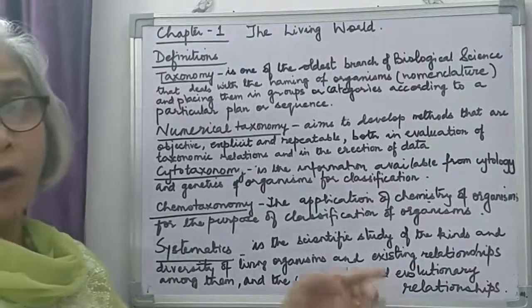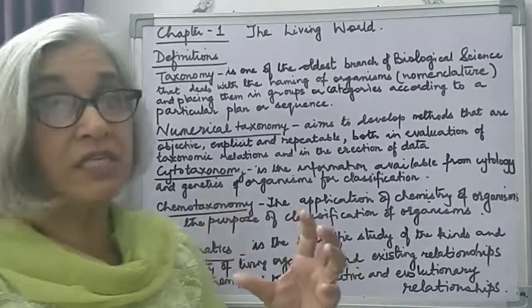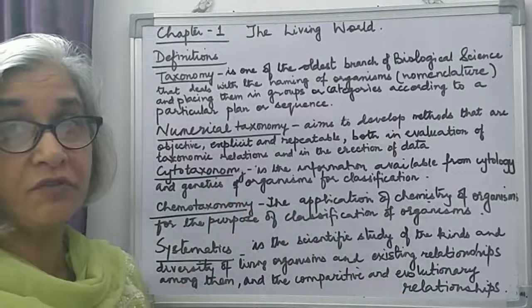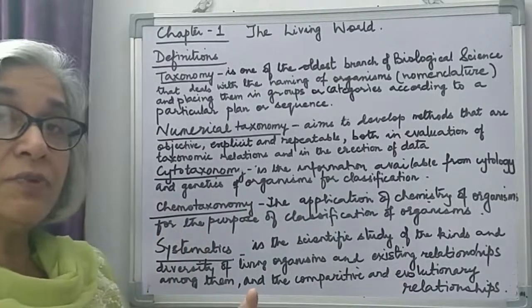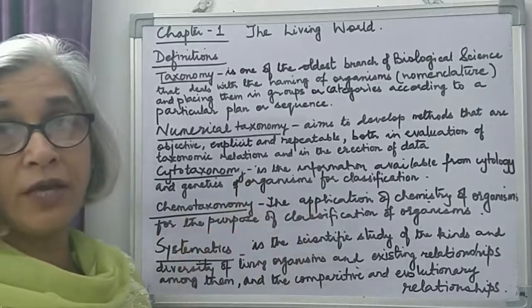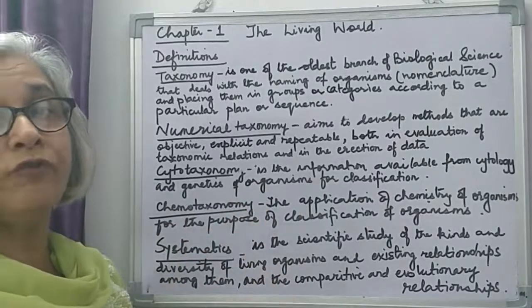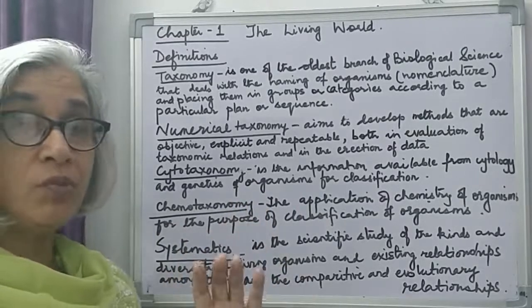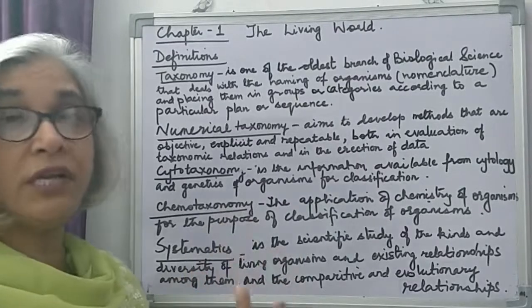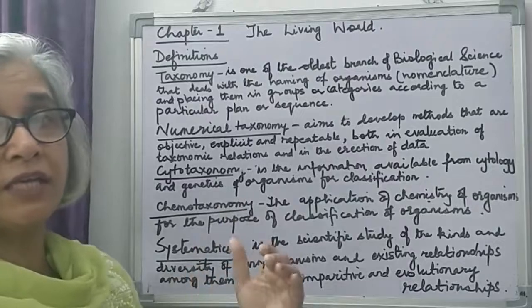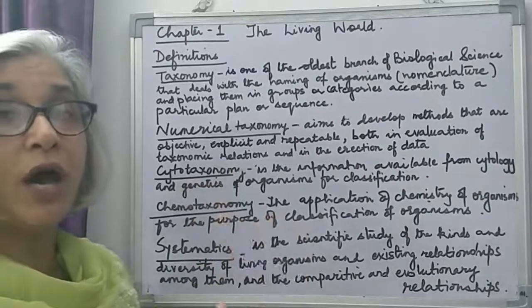As I told you, species is the basic unit of classification, the smallest unit of classification, and a species describes the living organism and talks of the relationship between different organisms and how, based on these evolutionary relationships, they are grouped into higher categories.